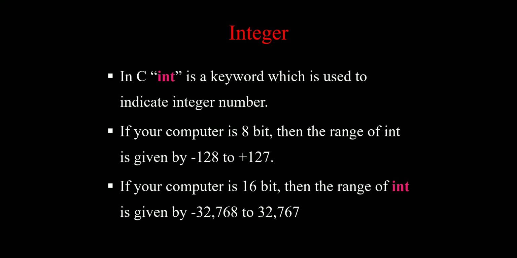First we can start with integer. In C, int is a keyword which is used for integer numbers. For declaring integer numbers, we can use int as a keyword. If your computer is 8 bit, then the range of int is -128 to +127.